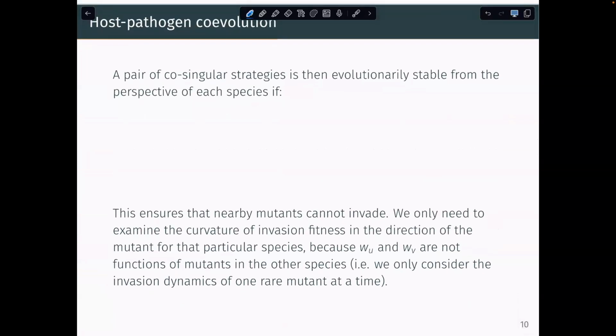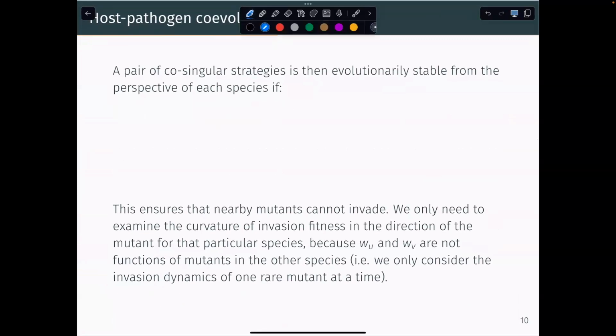So we can also talk about evolutionary stability in the same kind of way as we did in one dimension. Everything we're doing so far is very analogous to a single trait evolving. So for our host, we're going to talk about evolutionary stability from the perspective of each species.